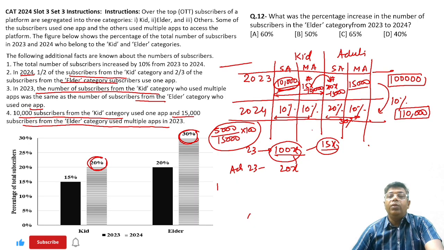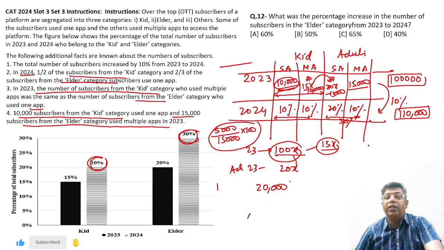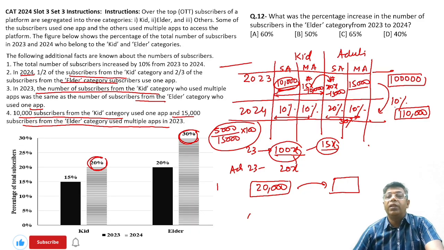Now, in 2023, the elder category was 20% of 1 lakh, so elders were 20,000, which increased in 2024 to 30% of 1,10,000. That will become 33,000. So percentage change is final minus initial upon initial into 100. So 13,000 divided by 20,000 into 100 will become 65%. So I think option A is the correct answer.